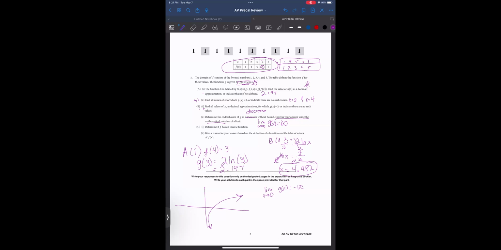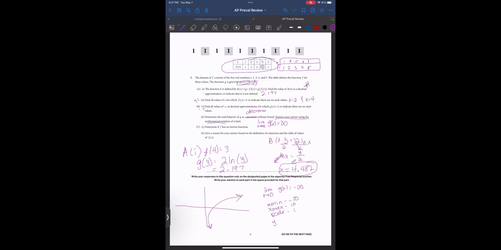What numbers am I supposed to put in the window for the calculator? Make sure it's the default. So x min will be -10, x max would be 10, and the scale should be 1.